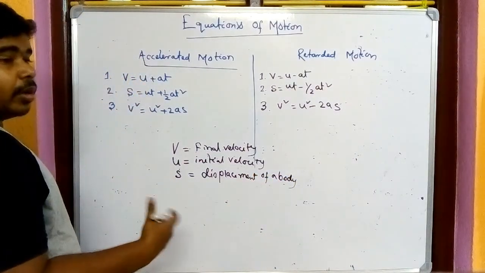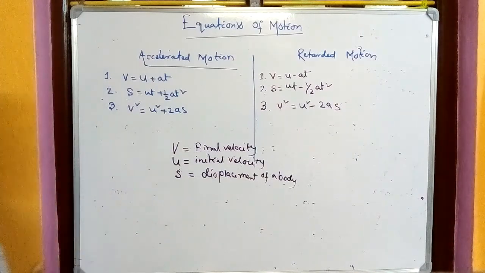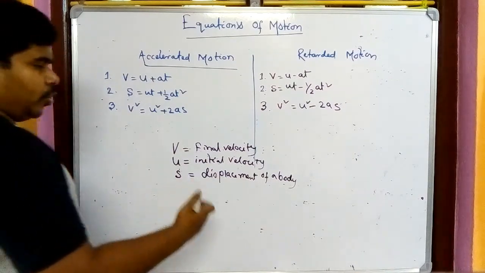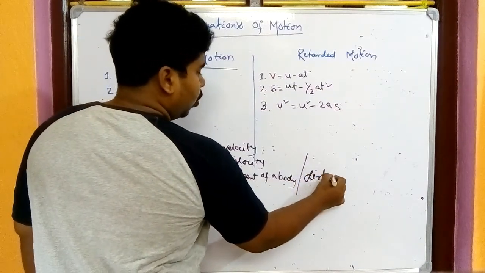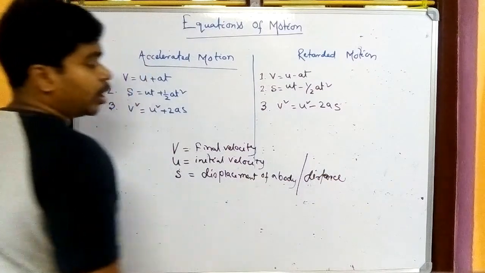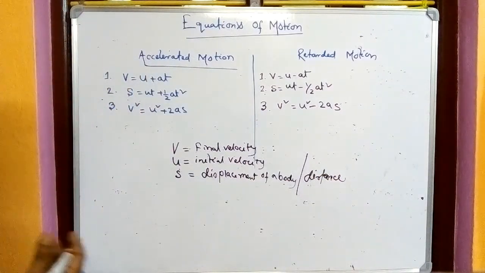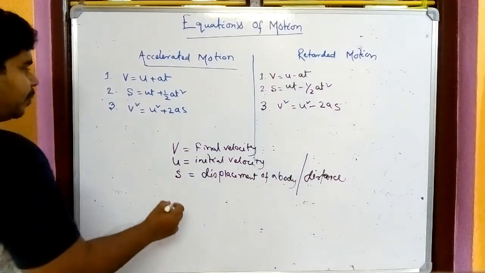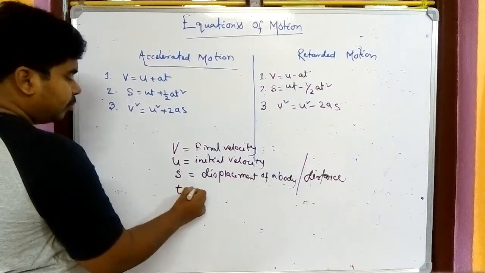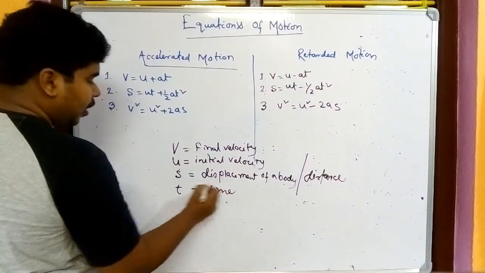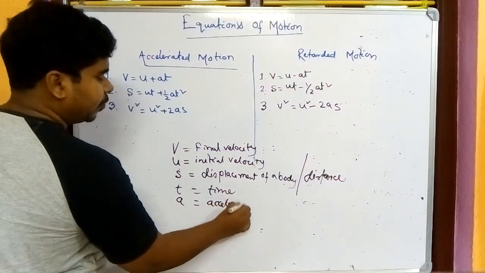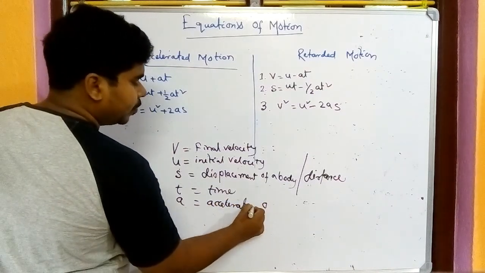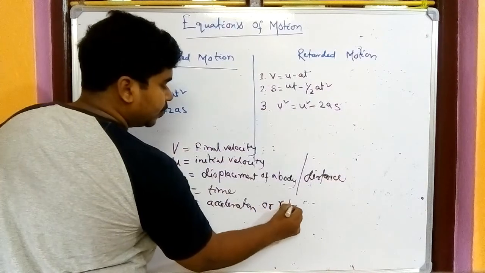As we are dealing with motion in one dimension, displacement and distance are both the same, because for straight line motion distance and displacement are the same. t is time and a is occasionally acceleration or retardation.